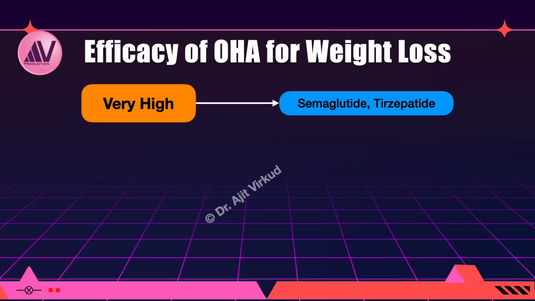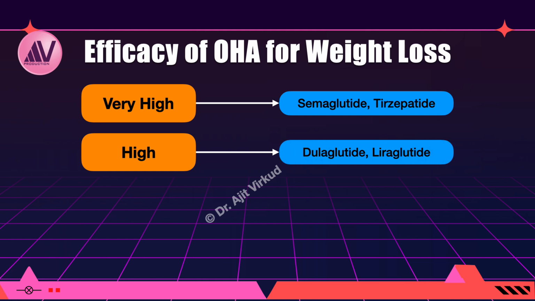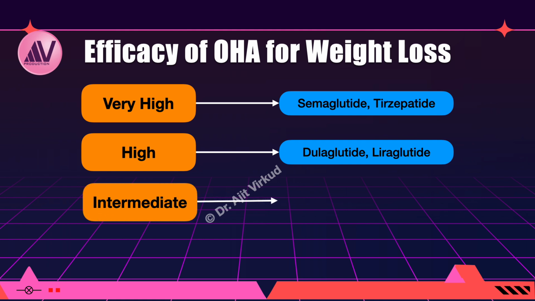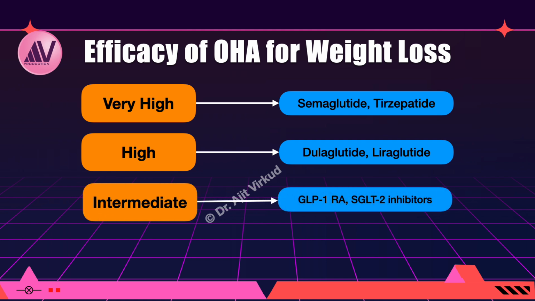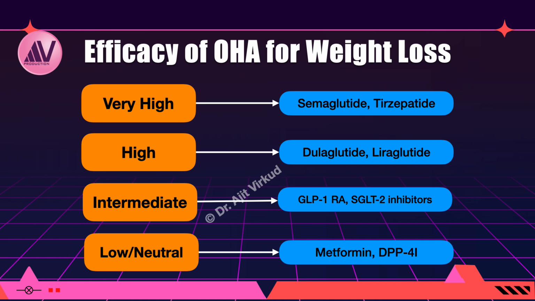Semaglutide and tirzepatide, which are combined agonists of GLP-1 and GIP, have a very high efficacy for bringing about weight loss, which is preferred. Dulaglutide and liraglutide have a high efficacy, whereas GLP-1 receptor agonists and SGLT2 inhibitors have an intermediate role in reducing weight. Metformin and DPP-4 inhibitors have low or neutral efficacy as far as weight loss is concerned.